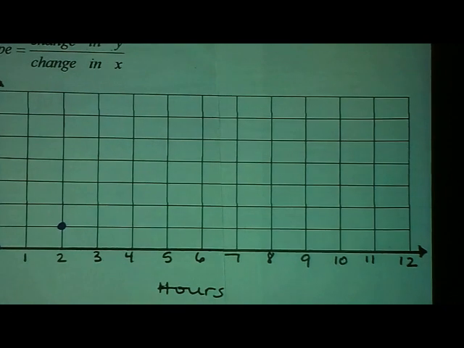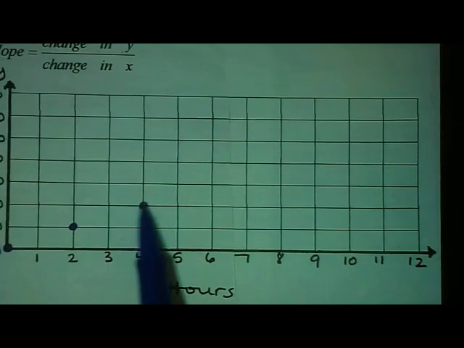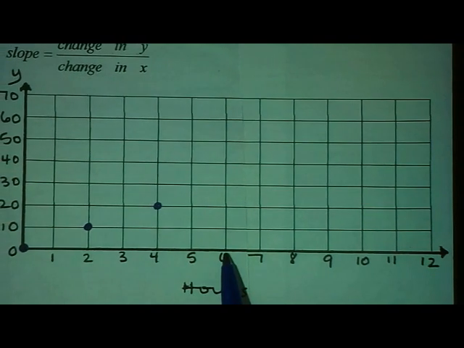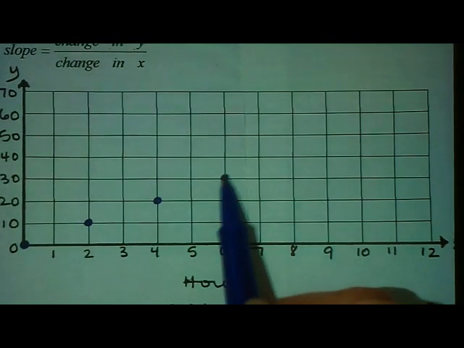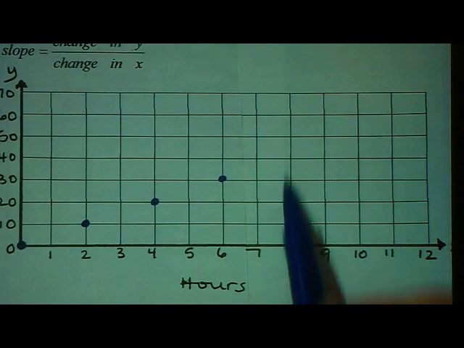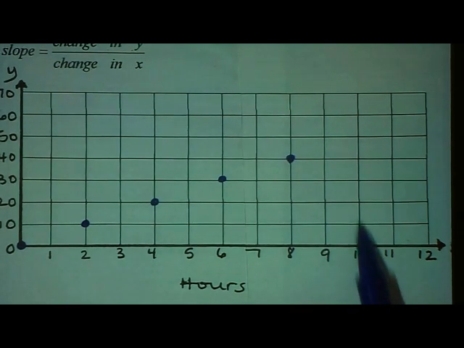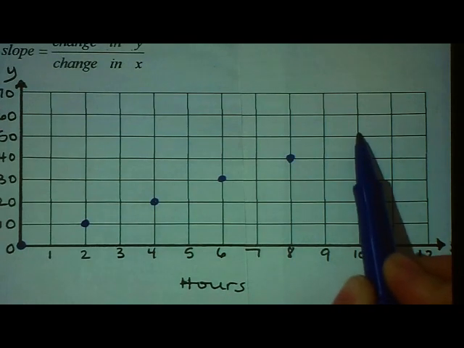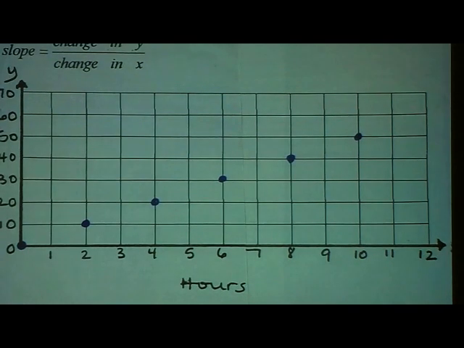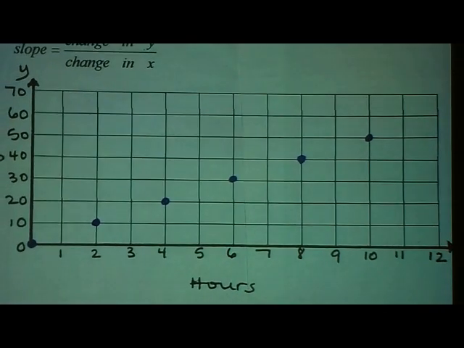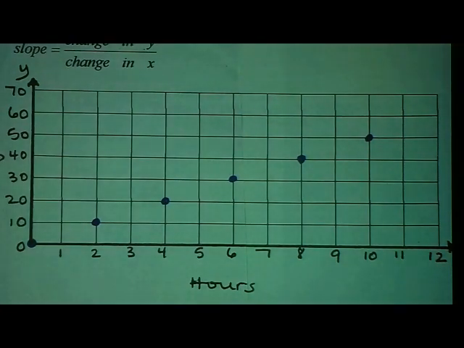I think you can take it from there. 4 hours, $20. 6 hours, 30. 8, 40. 10, 50. All right, you are going to need a straight edge, and I am digging for a ruler myself.